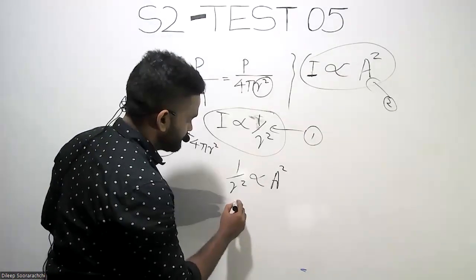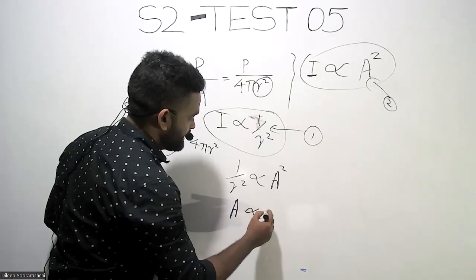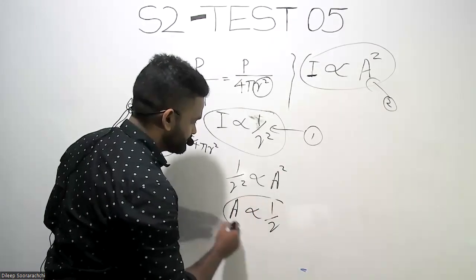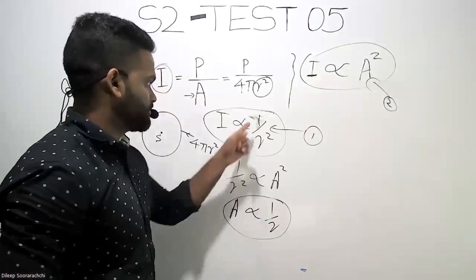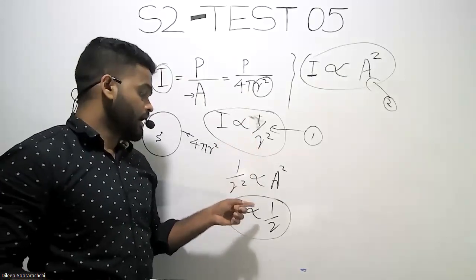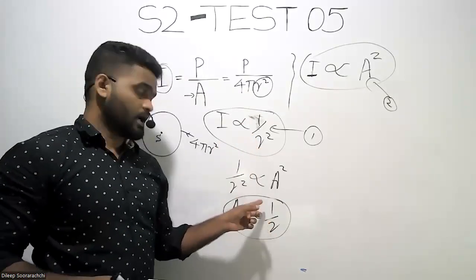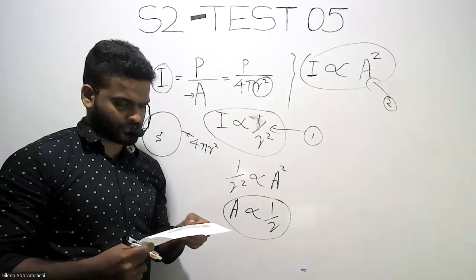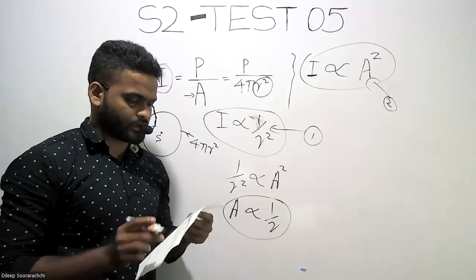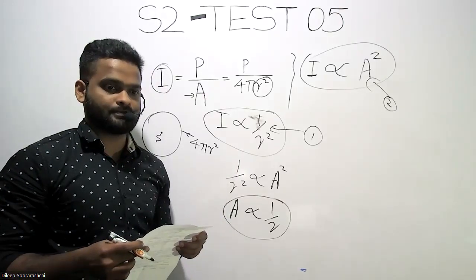So from this, if you take the square root, A is proportional to 1 over r. So this is the second one. So intensity is 1 over r squared, amplitude is 1 over r. So the answer for that should be the second one for the first question.